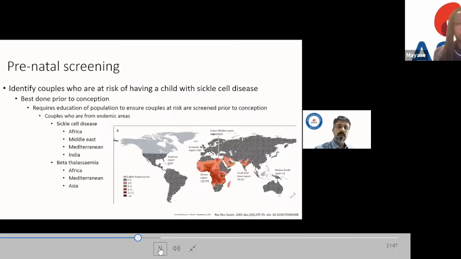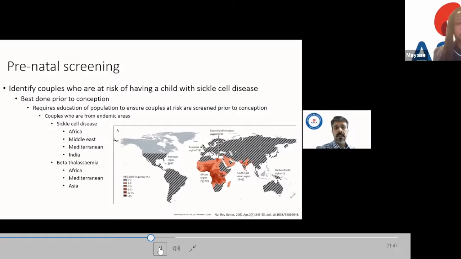So prenatal screening is really looking at identifying couples who are at risk of having a child with sickle cell disease. And ideally, this is best done prior to conception. That requires that both the general population, as well as general practitioners and obstetricians, are aware of the risk of sickle cell disease, and that they offer the correct test to those patients.